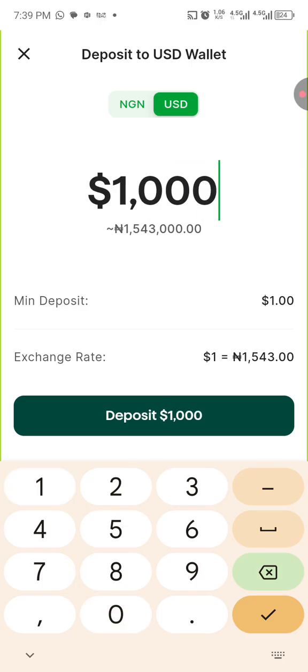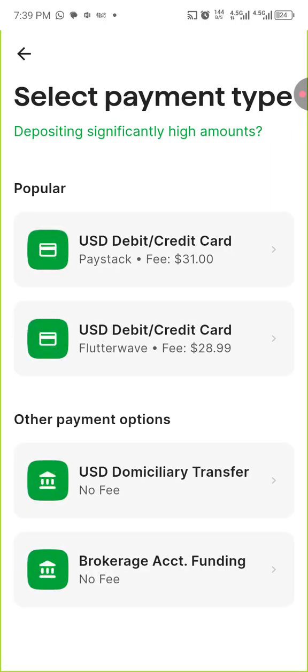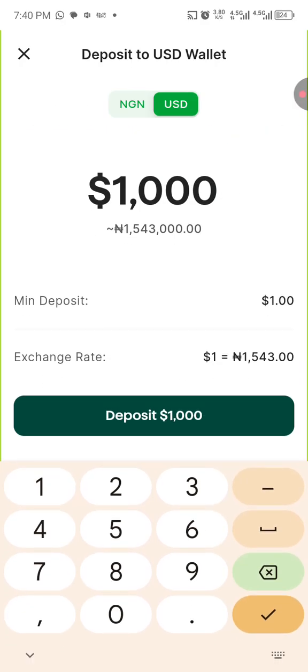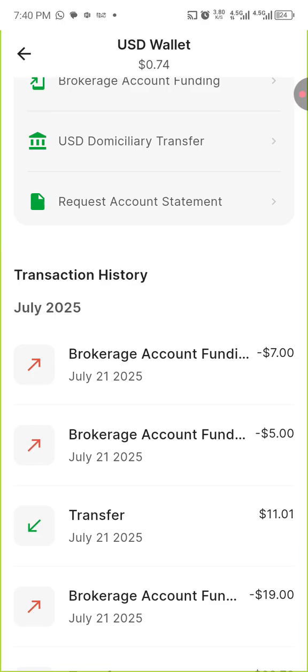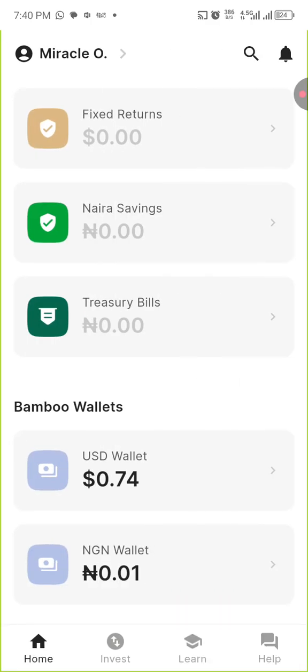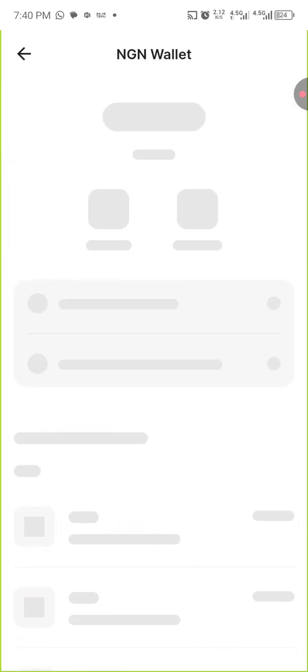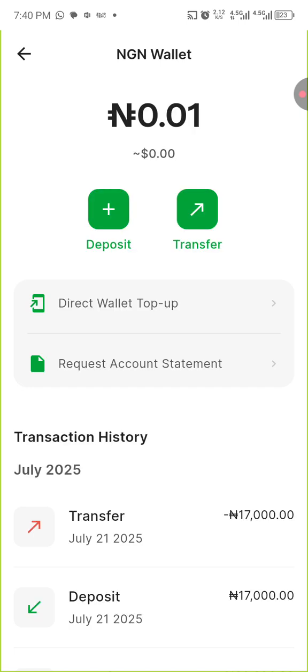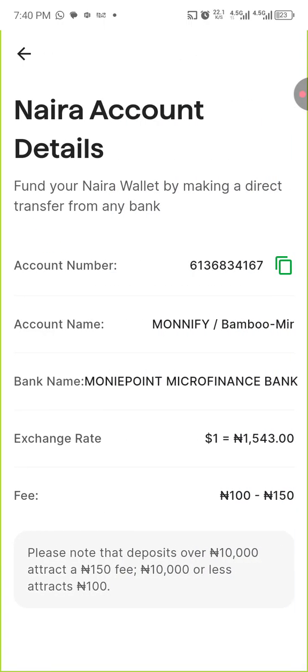Let's say I want to, or invariably you can buy using your Naira wallet, a direct top up from your Naira wallet.